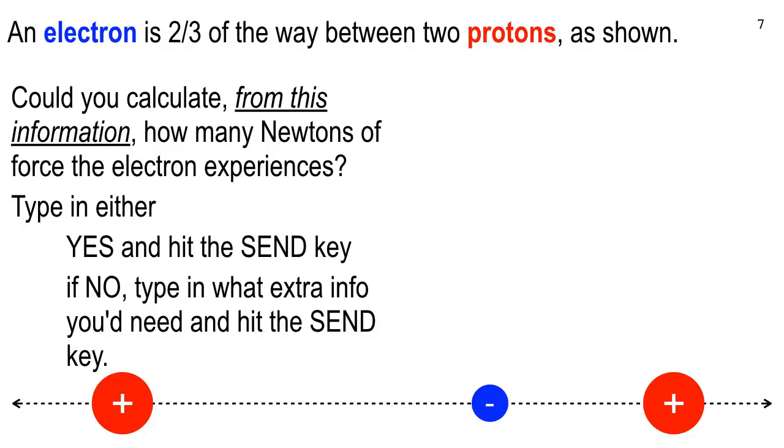Okay, 1 minute to type in your number, and don't forget to hit the send key. If you type in yes, or if you type in something else, hit the send key.